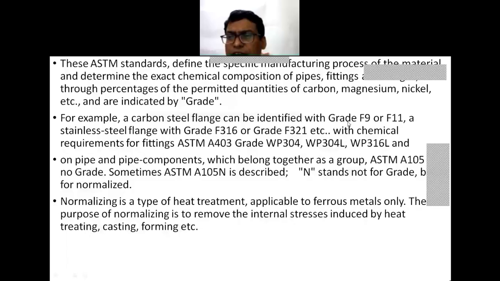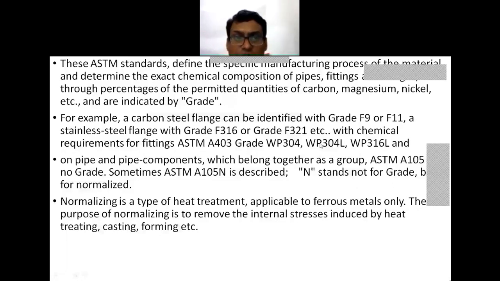So a carbon steel flange can be identified with a grade of F9 or F11. In the case of a stainless steel flange, the grade is F316 or F321, where the F is related to the flanges. Now if it is for chemical requirements, then the grade becomes 304 WP, 316 WP, and so on.